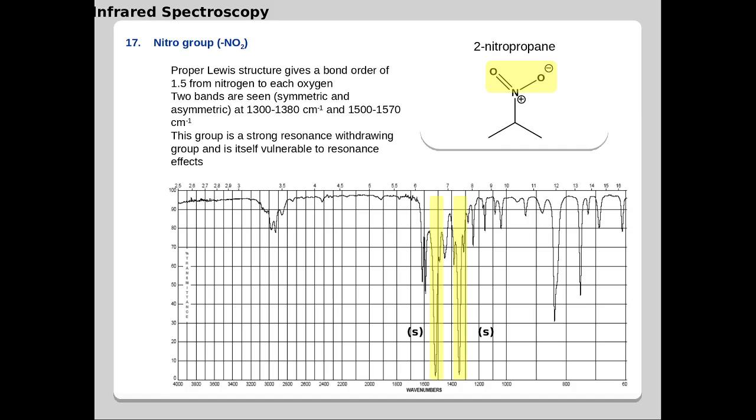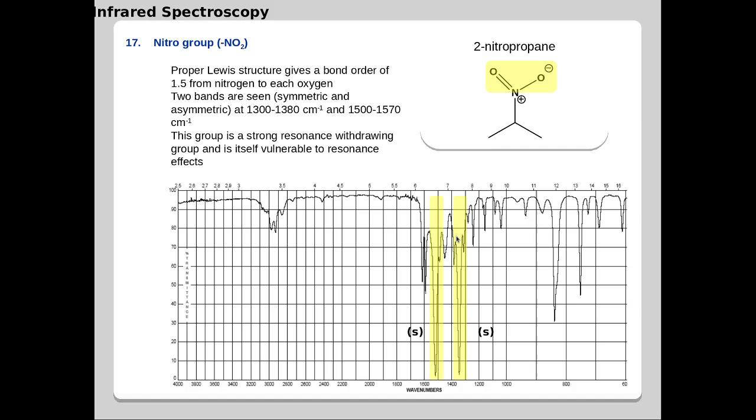This is an IR spectrum of a nitro compound such as 2-nitropropane, and just like we have discussed before, the symmetric stretching vibration of the nitro group, of both these NO bonds, usually happens between 1300 and 1400 centimeter inverse.